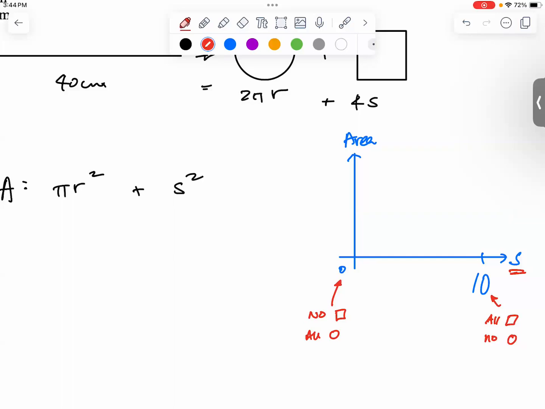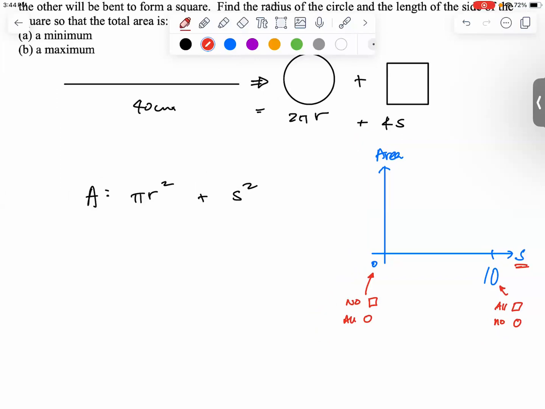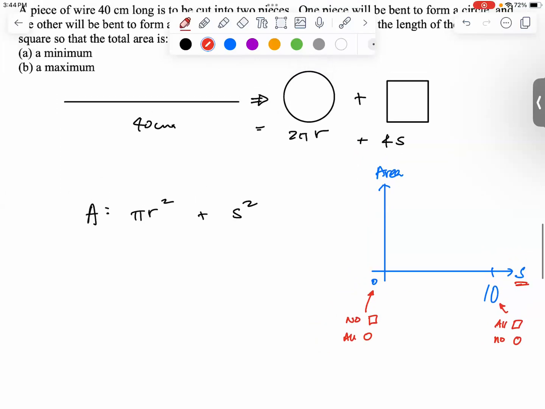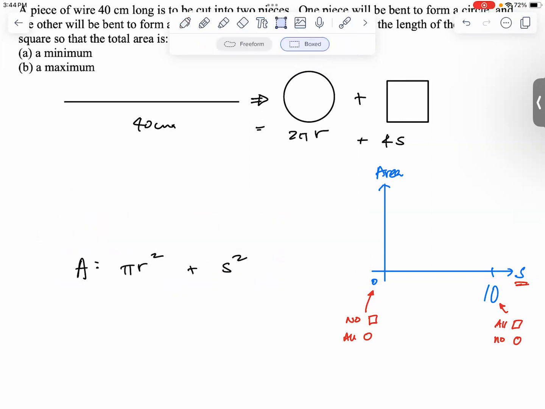All right. So if s is what we want to work with, then what we must do is solve for r so that we can substitute it into the area equation. So how can we solve for r? r will be (40 minus 4s) over 2π.